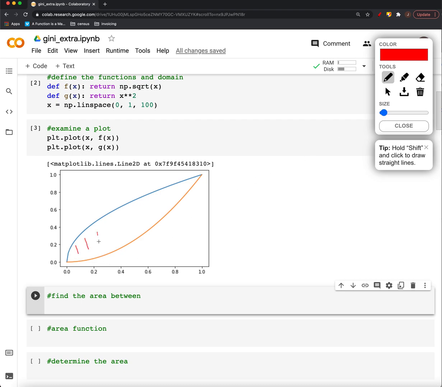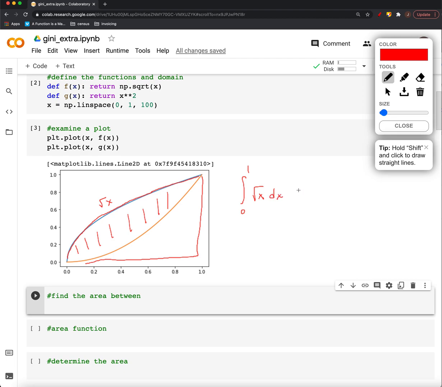This region in here. And like we talked about in class, what we can do is we can find the area under this top curve, which we know is the square root of x on 0 to 1.